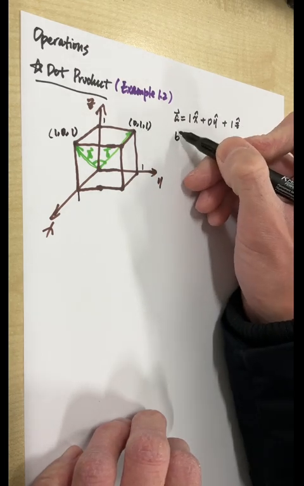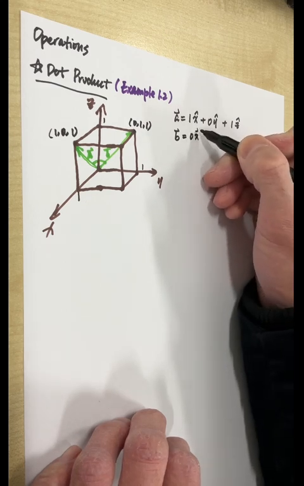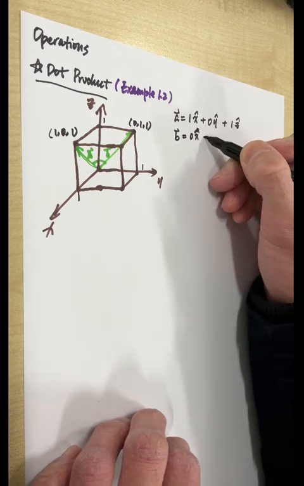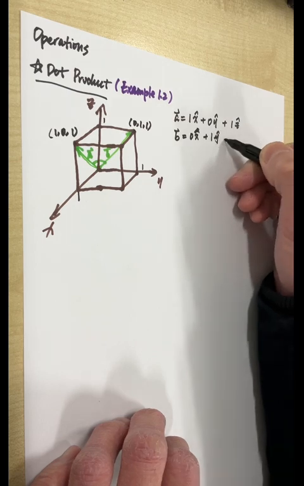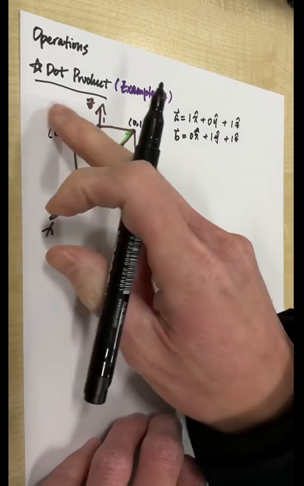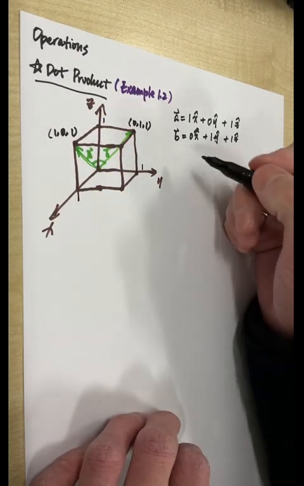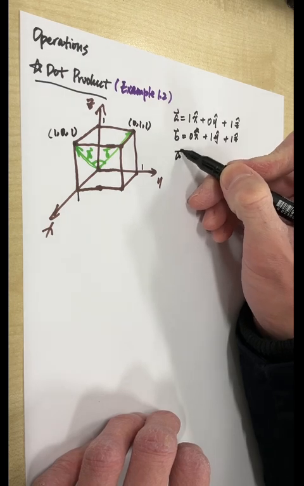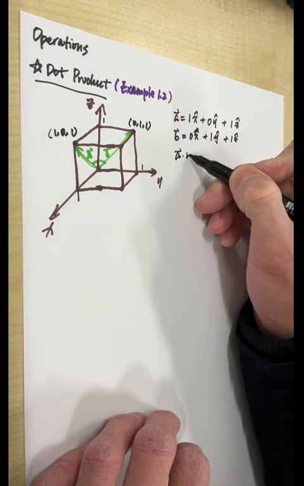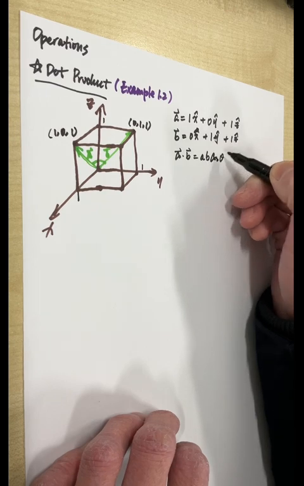So the B vector can be expressed as 0 for x, 1 for y, and 1 for z. So now, by definition of the dot product, we have two expressions. The first one is A dot B equals AB cosine theta.